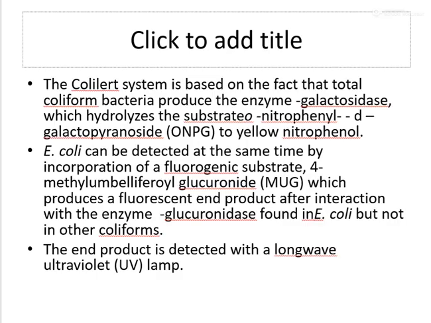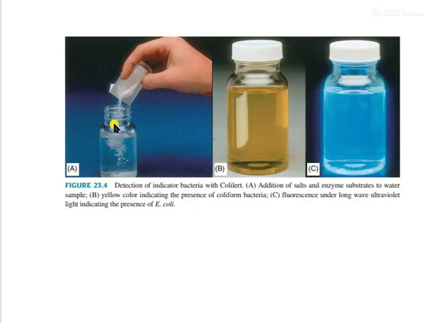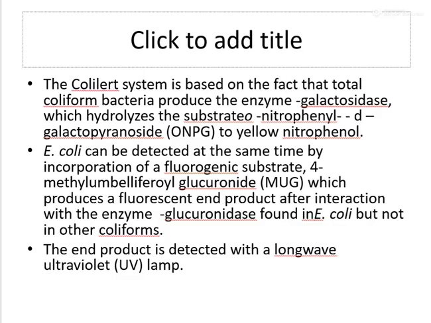Now what is the substrate which we added here? The substrate is orthonitrophenyl galactopyranoside, ONPG. When this powder, ONPG, is added to the water, it will be broken down by galactosidase, which is present in coliform bacteria, and then you will get nitrophenol.